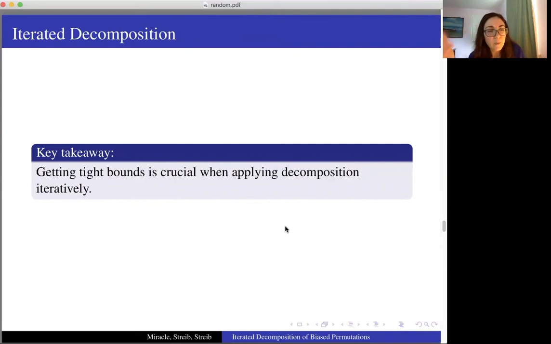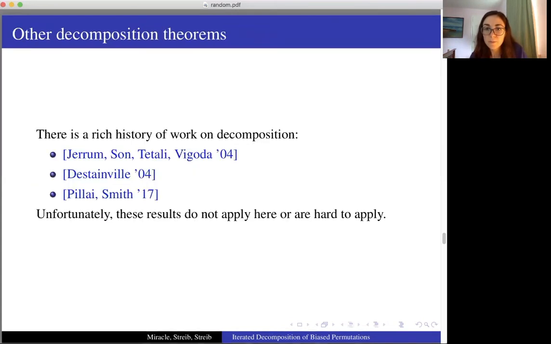And just to drive the point home, getting these tight bounds is crucial when you're applying the decomposition theorem iteratively. So there has been a lot of work on improving the decomposition bounds over the years. And some of these results are even iterable.